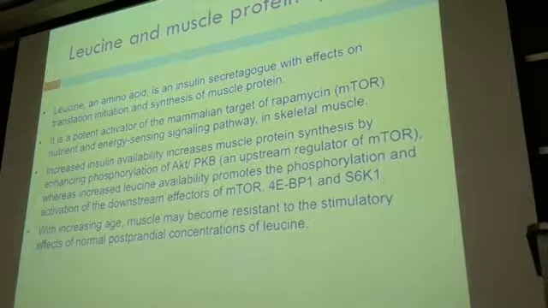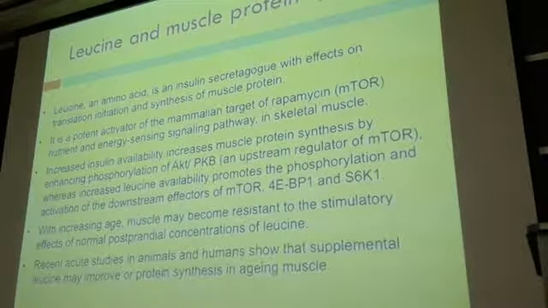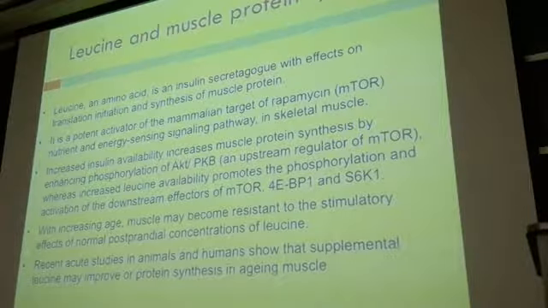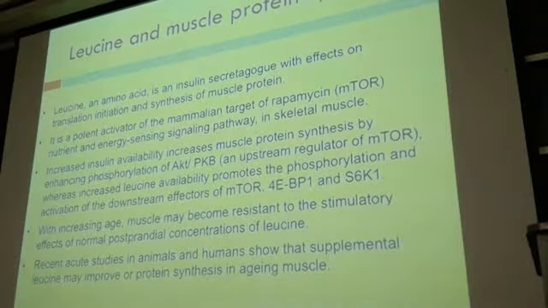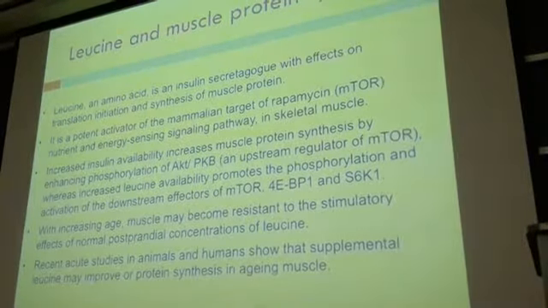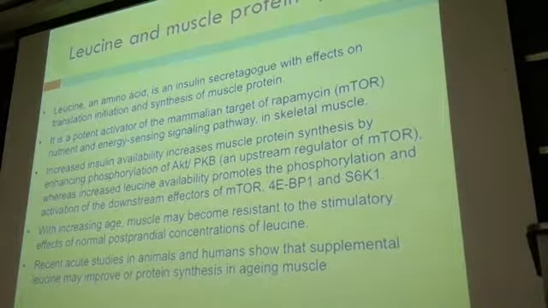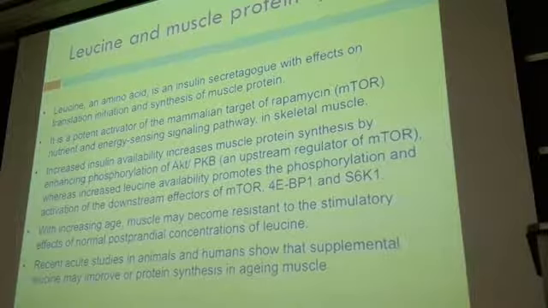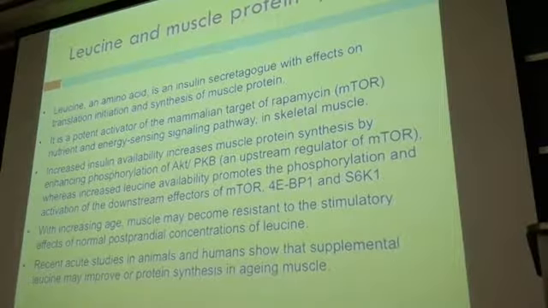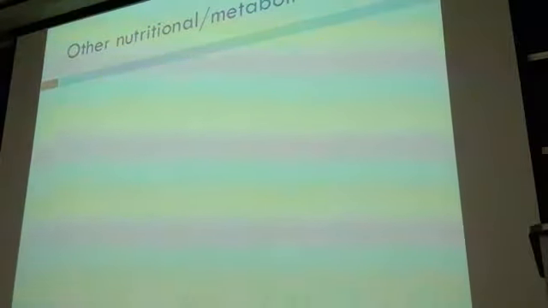And with increasing age, here we come back to the sarcopenia issue, muscle may become resistant both to insulin, which is not mentioned here, but also to the stimulatory effects of leucine. And so supplemental leucine has been studied as a means of trying to counteract muscle atrophy, to see if we can improve protein synthesis in aging muscle, with mixed results.